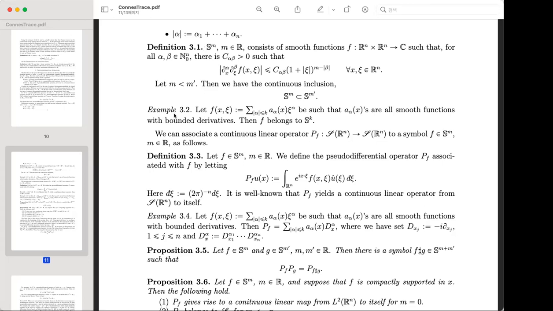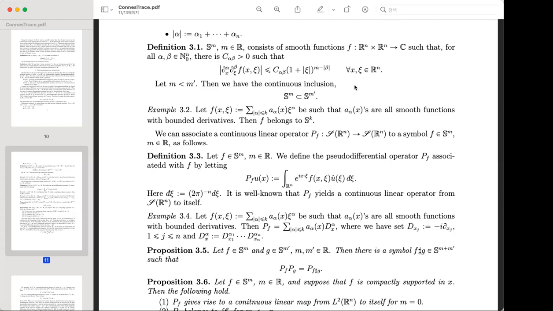And this is the typical example of such a symbol function. If f is a function of this form, a polynomial in psi with coefficients that are smooth functions with bounded derivatives in the variable x, then this kind of function belongs to the symbol space of degree k.